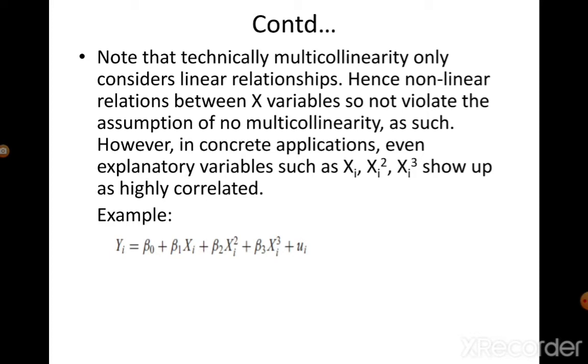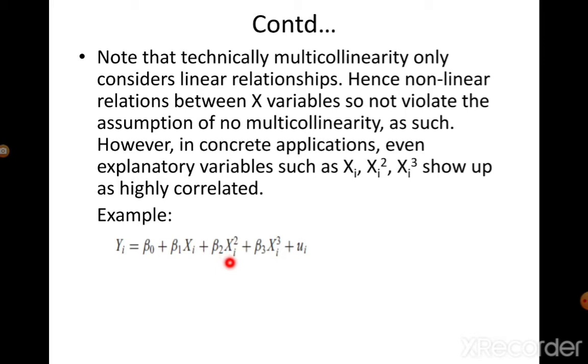Since these variables are not exactly linearly related, we are not violating the assumption of no multicollinearity. So theoretically, there is no assumption violation happening here.